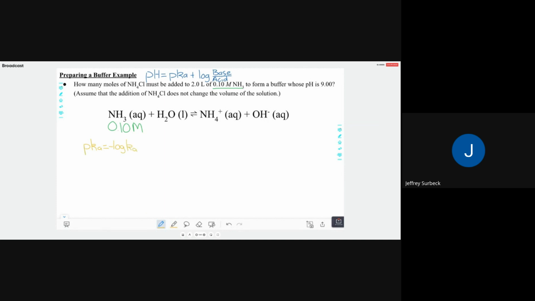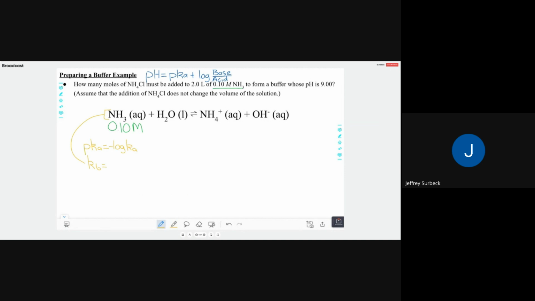Well, that's great. If we try to find the Ka of NH3 on our sheet with our equilibrium constants, we're not going to find it. But because NH3 is a weak base, we're going to find not Ka, but Kb.